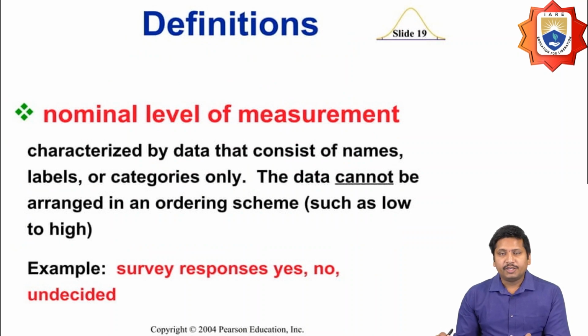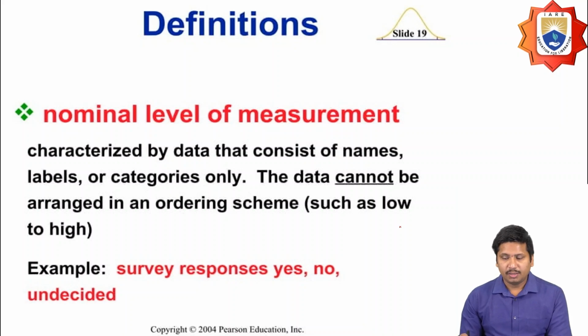So, nominal level of measurement. The nominal level of measurement characterizes data that consists of names, labels, and categories only, and the data cannot be arranged in an ordering scheme such as low to high.